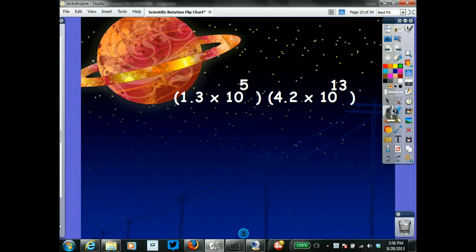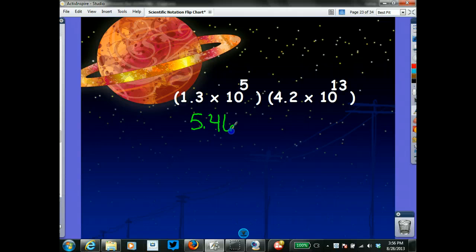And when I do this, again, you work it first. You should come up with 5.46 times 10 to the 18th power. Again, multiply, and then add these exponents. So when I multiply, I add my exponents.